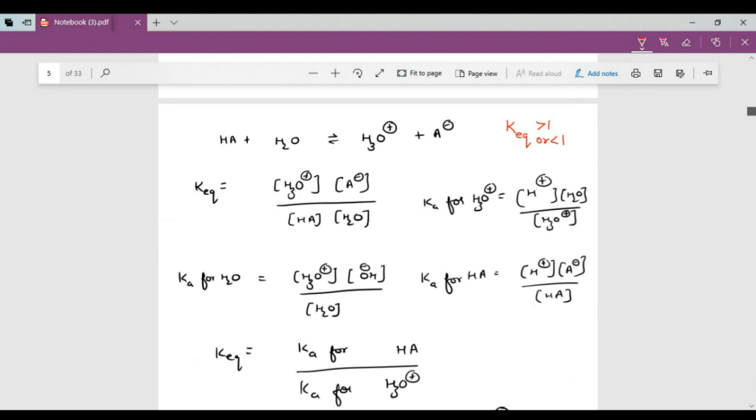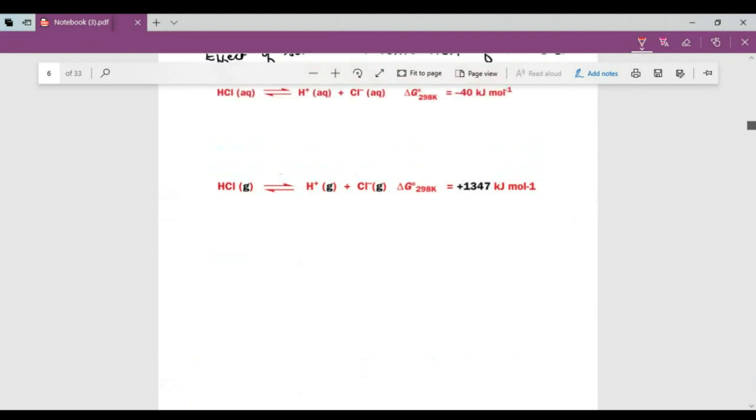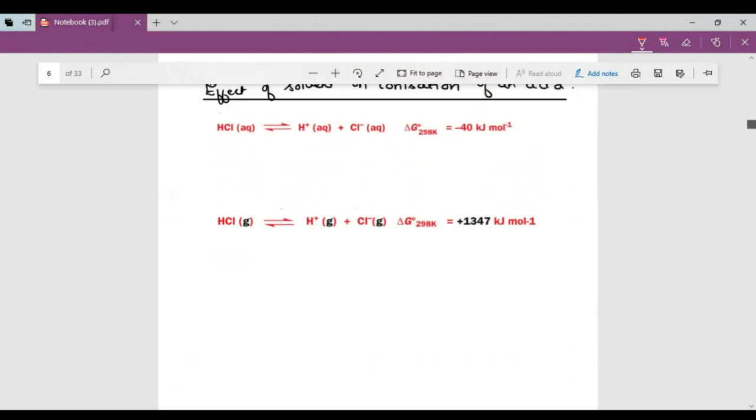Is it okay? So if I replace this whole concentration in terms of Ka of water and Ka of HA, I also use Ka of H3O plus, which is just the reverse of Kb of water.